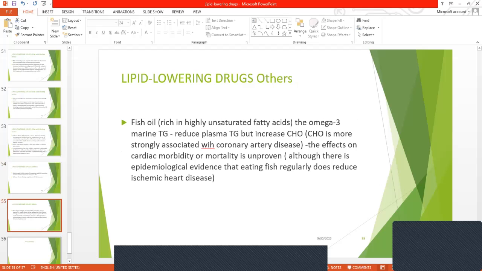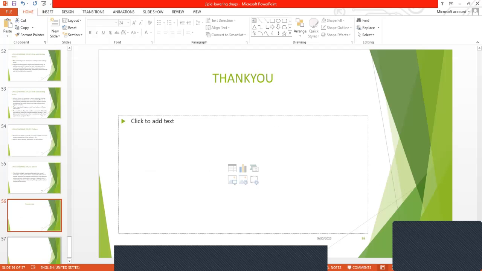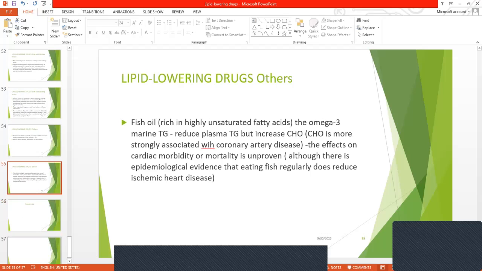So fish oil is mostly suitable in people who are already eating fish regularly. There is some evidence that eating fish regularly reduces ischemic heart disease. Other people may experience side effects. Okay.